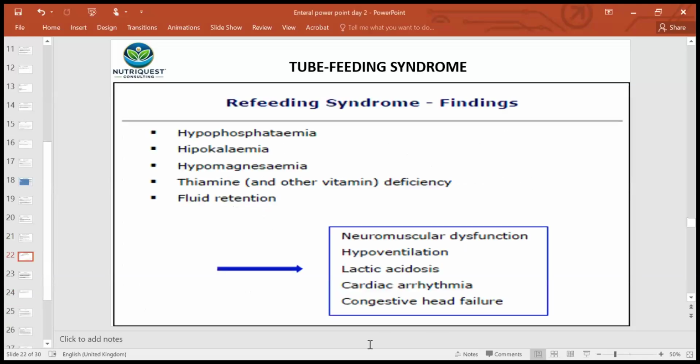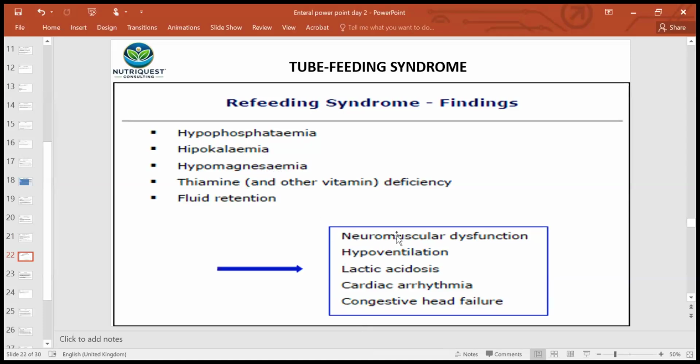So refeeding syndrome findings. These are the things that you need to look for. One is hypophosphatemia, low phosphorus level; hypokalemia, low potassium level; hypomagnesemia; thiamine and other vitamin deficiency; fluid retention. All that are some of the signs and symptoms.